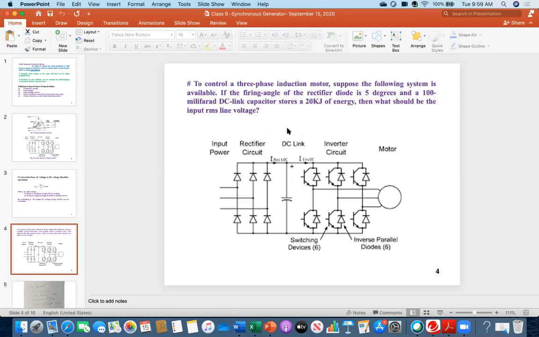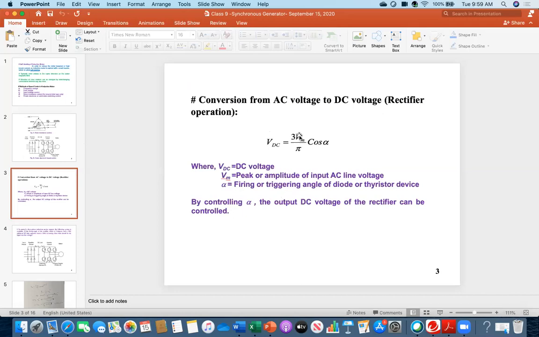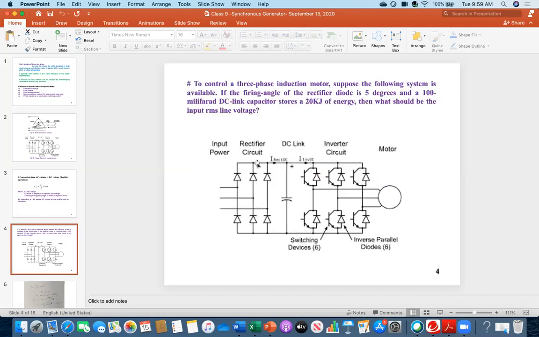That is not mentioned, but the capacitor value is given, 100 millifarad, and its storage is given, 20 kilojoule. Based on that, first you have to find the DC link voltage, or the output voltage here, and then use that equation to get Vm. This is your peak, then convert into RMS. Then you are done.